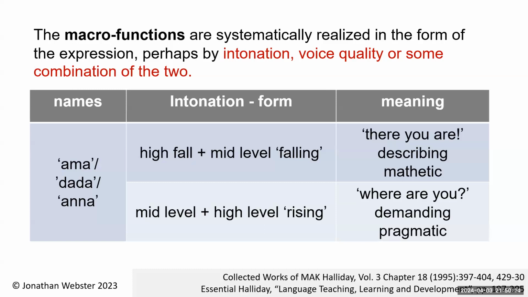So there was a special intonation, high fall, mid-level falling, or whether it was rising, indicating whether it was simply describing something or demanding something. Language was taking shape in the sense that meaning was being related to how it was expressed.